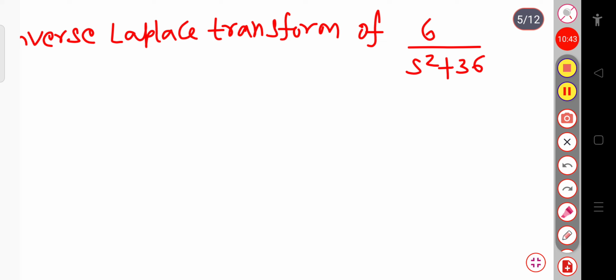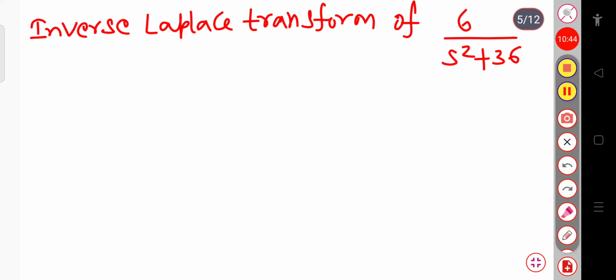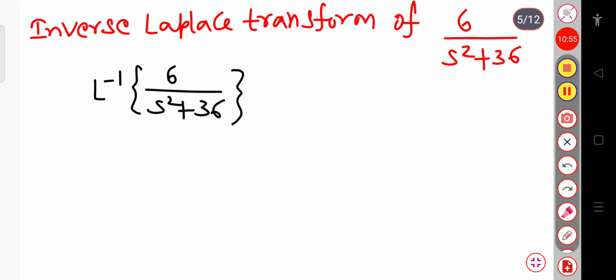It means that you have to calculate L inverse of 6 divided by s square plus 36. Now, if you can see, this is in which form.